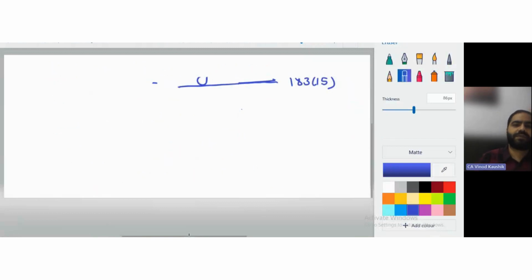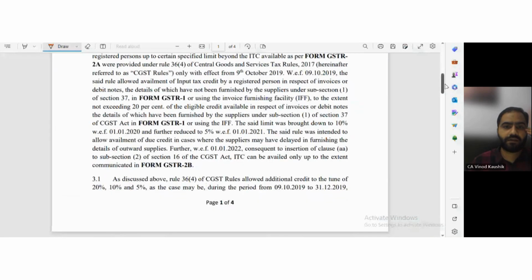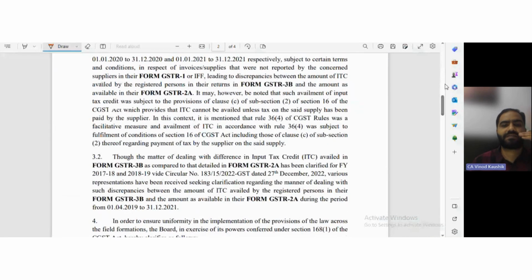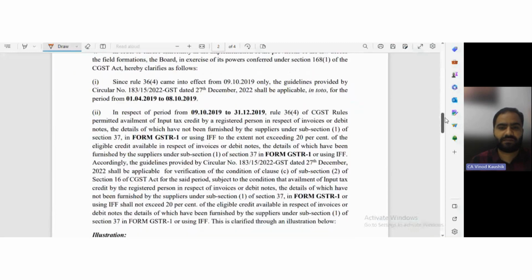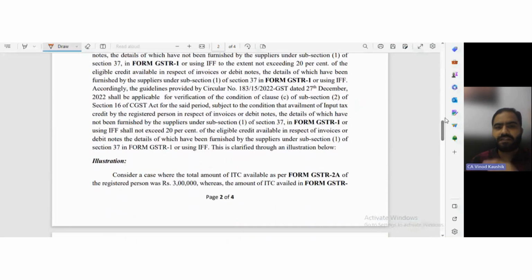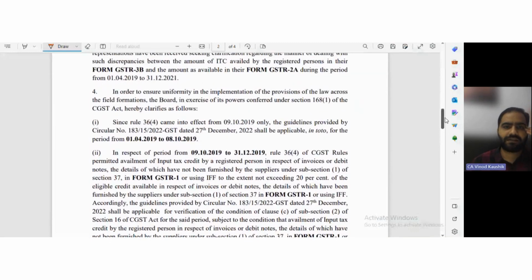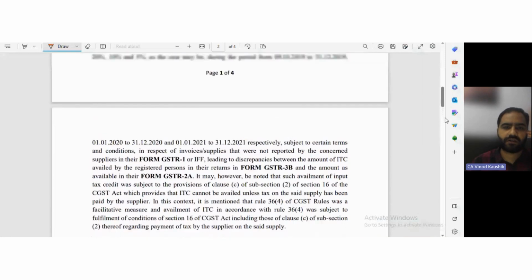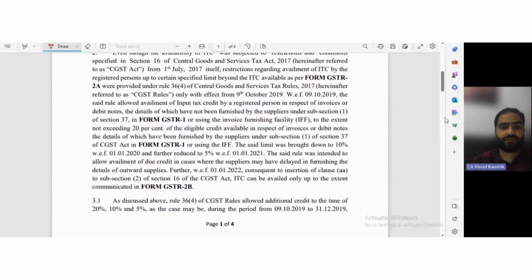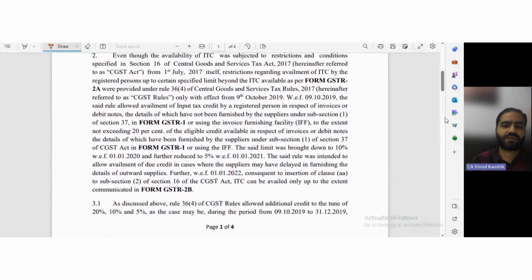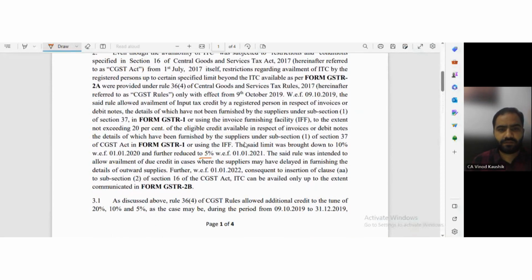Now we have three interim periods, friends. 36(4) basically prescribed certain percentages. 36(4) came into picture as some relief.